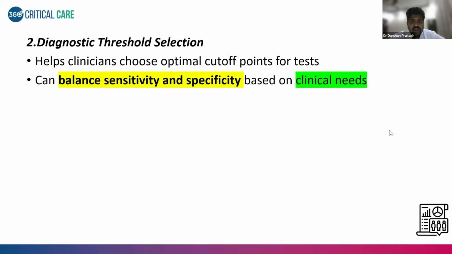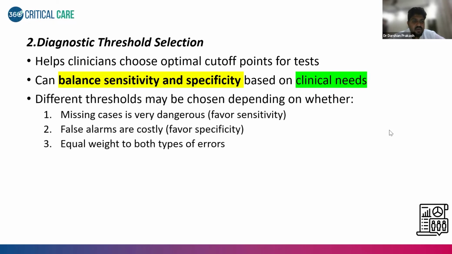For example, diagnosis of diabetes based on fasting blood sugar. At that time, the specific threshold that needs to be chosen will be the optimal threshold for that particular diagnosis and test. There might be different thresholds depending on what we want to analyze.